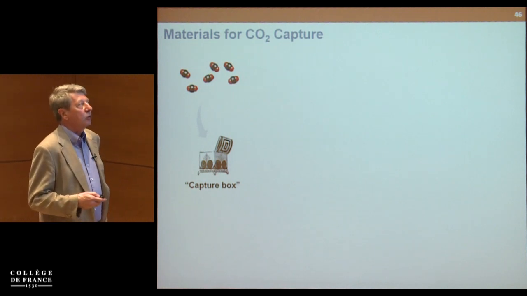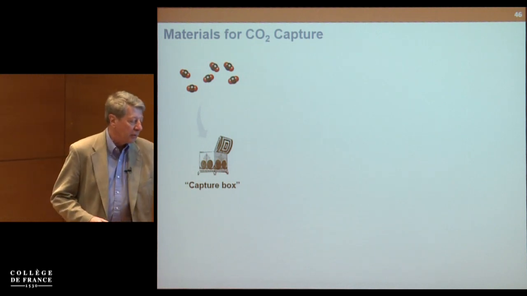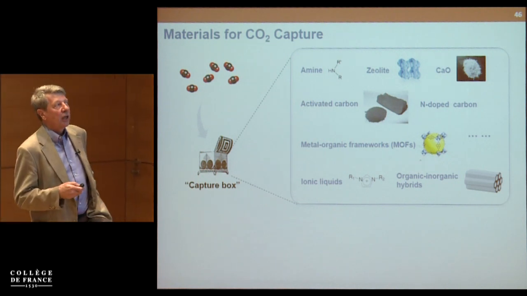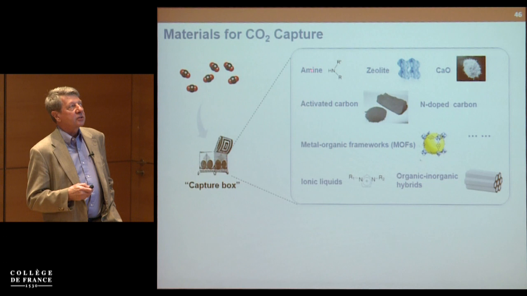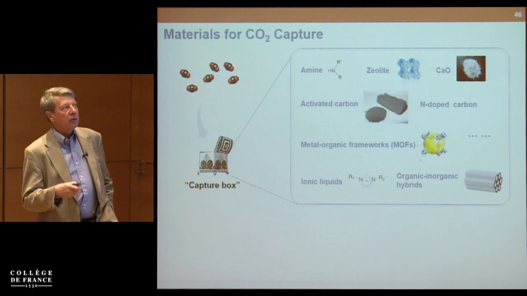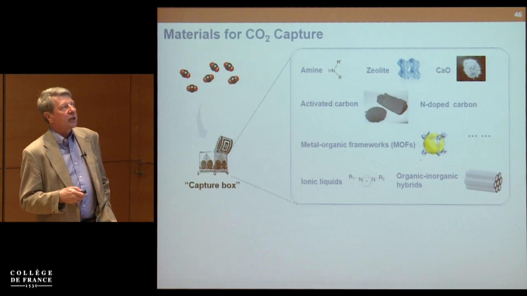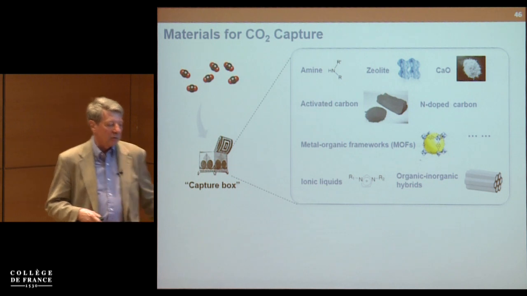And there are really two approaches how we can capture it. We can capture it by using various highly porous structures and sometimes with functionalities. So this would be amine scrubbing, but also zeolites, sometimes carbon, calcium oxide, activated carbons, ionic liquids, and some others.